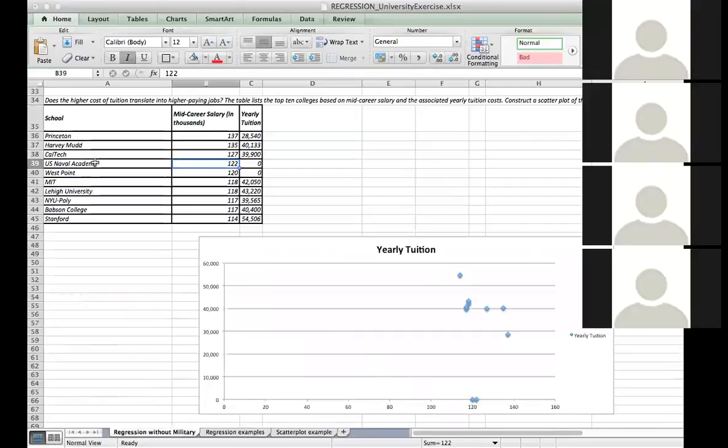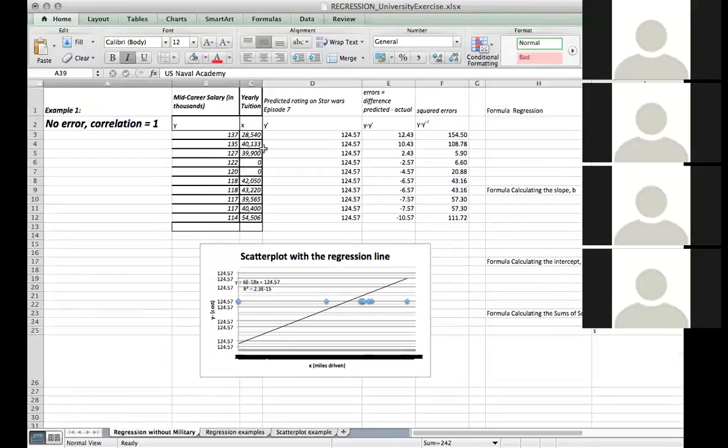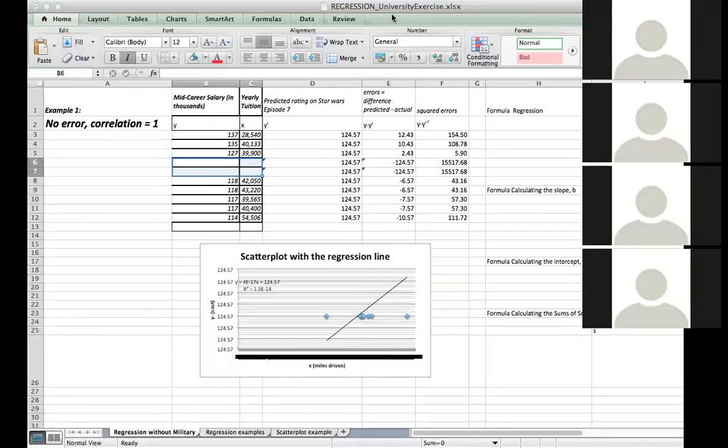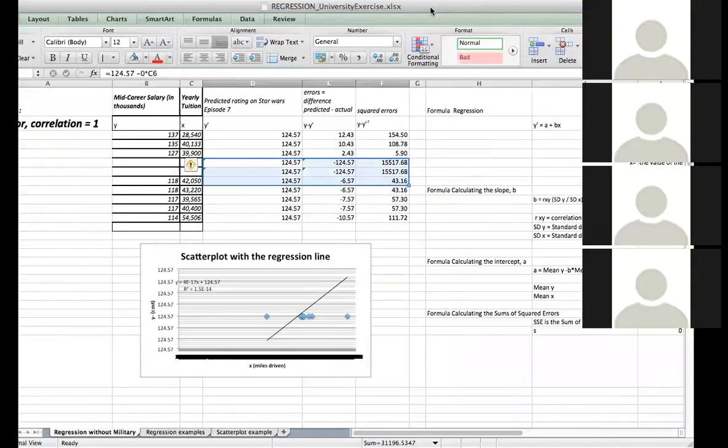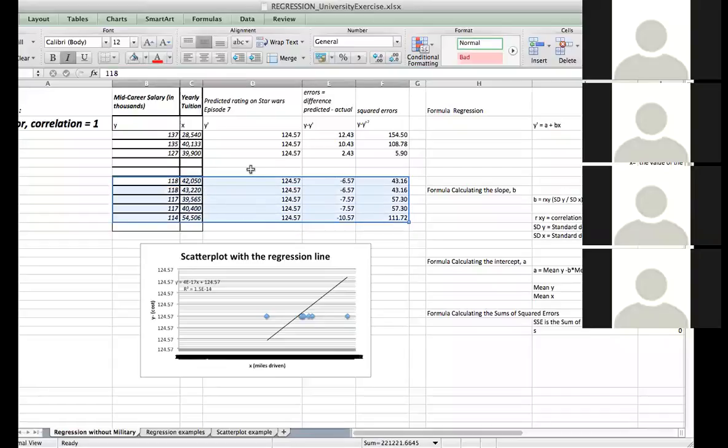Let's say what happens if we took the Naval Academy out, and West Point we take that out, we clear this up. And now what happens is we're going to have to do the adjustment again. All right. So let's do this adjustment. And move things up.